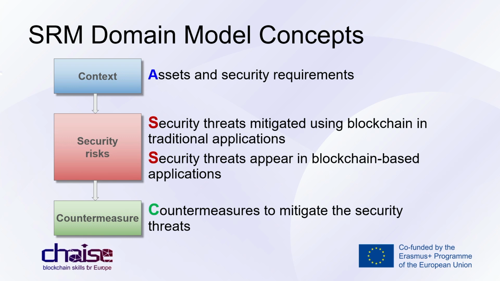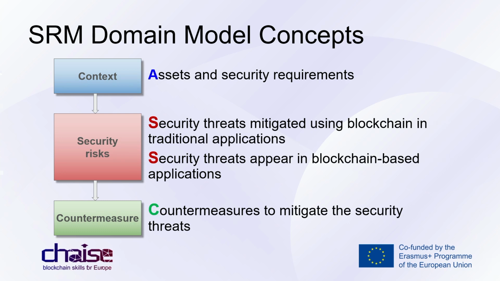For example, using this security risk management domain model, first we categorize the context by exploring what assets to secure and determine the security objectives requirements in the context of confidentiality, integrity, and availability.